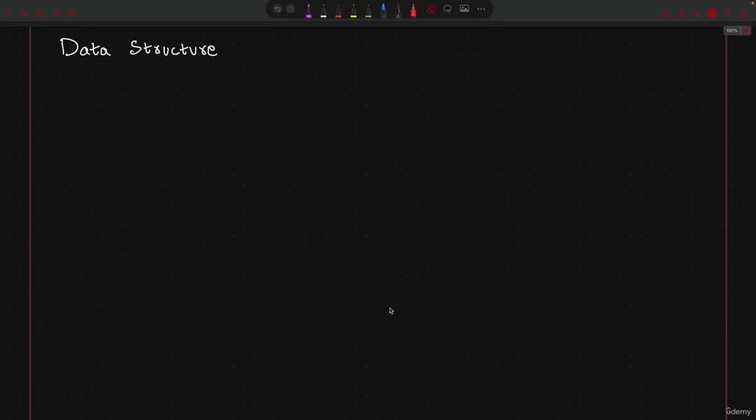So let's get started. Data structure actually consists of two words, as we can see, the first being data and the second being structure. Now, let us try to break them and understand them one by one. Data, as we all know, is a collection of facts, information, or statistics, and can be in any form.